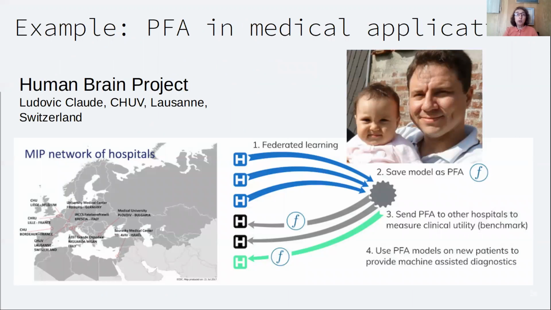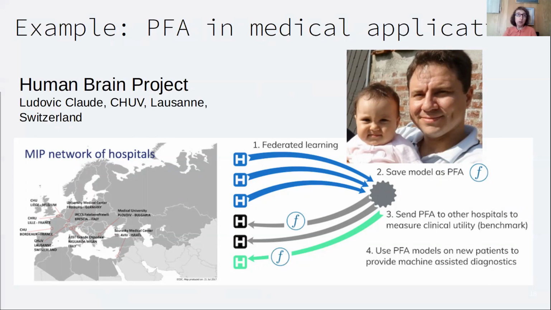And talking about Ludovic Claude, he works at CHUV, which is a medical organization in Switzerland, and he works with the Human Brain Project. This is a diagram he drew for the joint poster we had at a conference in Lausanne in January of last year. So they have this network of hospitals in Europe.